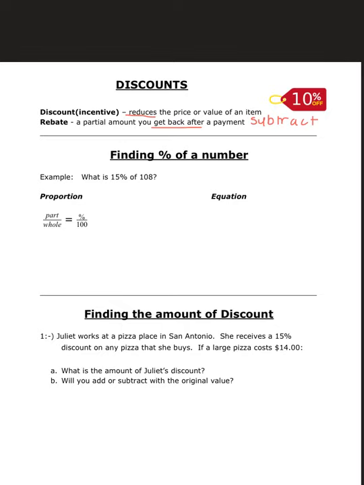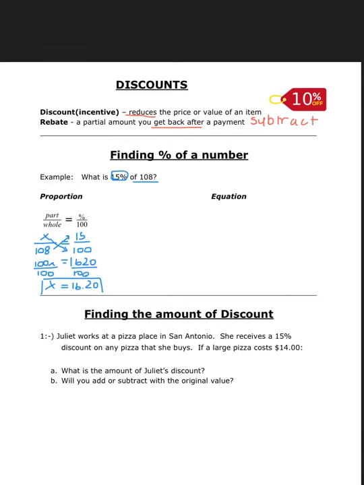For the proportion, we'll set up our numbers: x over the whole of 108 equals 15% over 100. Remember, on the proportion, the percent does not have to be changed into a decimal. So then we solve the proportion and get x equals 16.2, or 16.20.